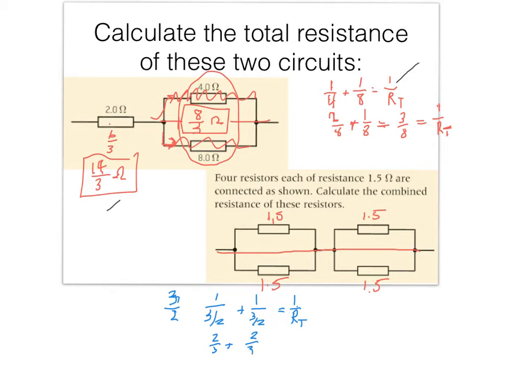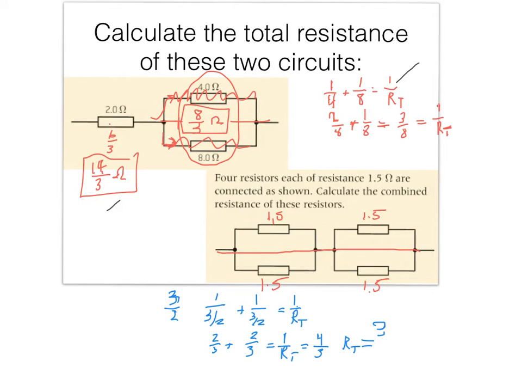Now, you could do the 1.5 and it's fine. You'd get the right answer. But sometimes the fractions are easier to work with. And so now I'll get 4/3 because I add the fractions together, which means that the total resistance equals 3/4.